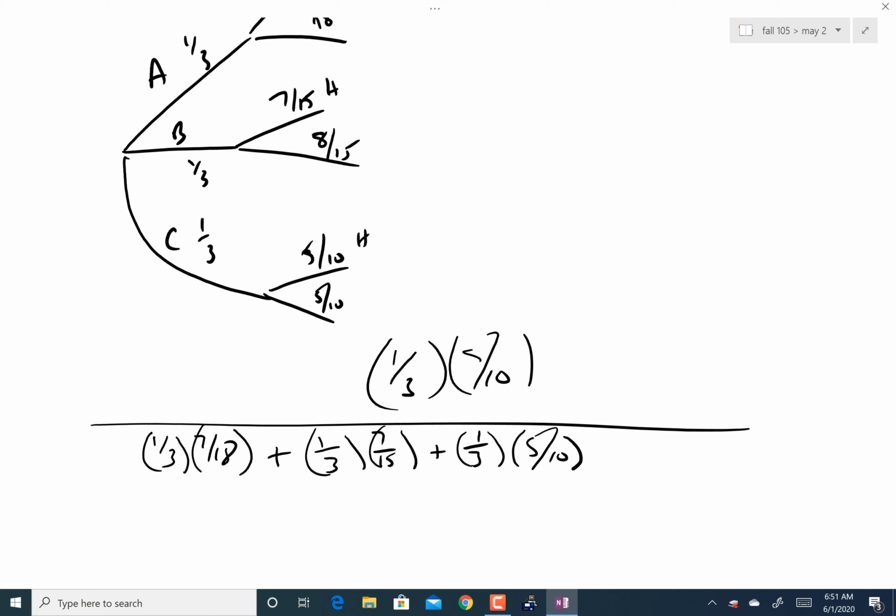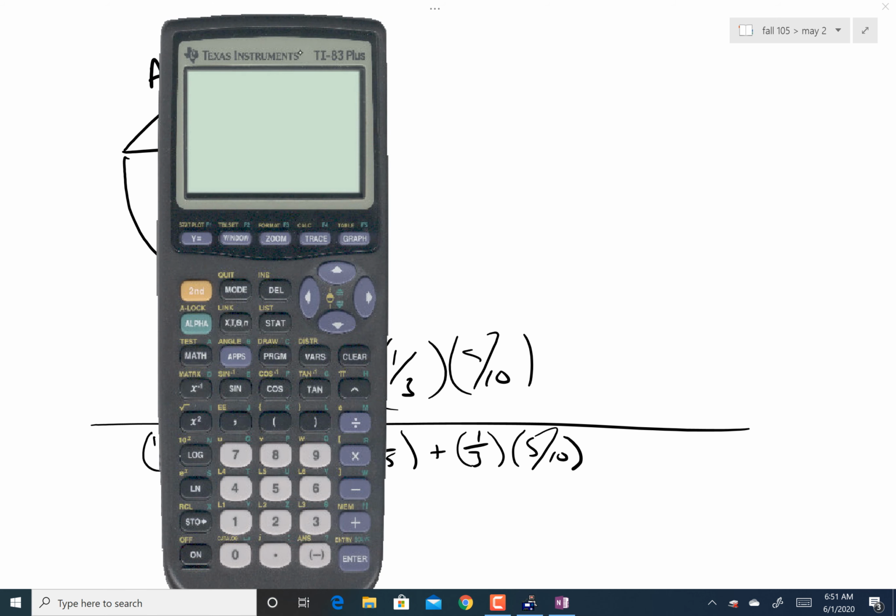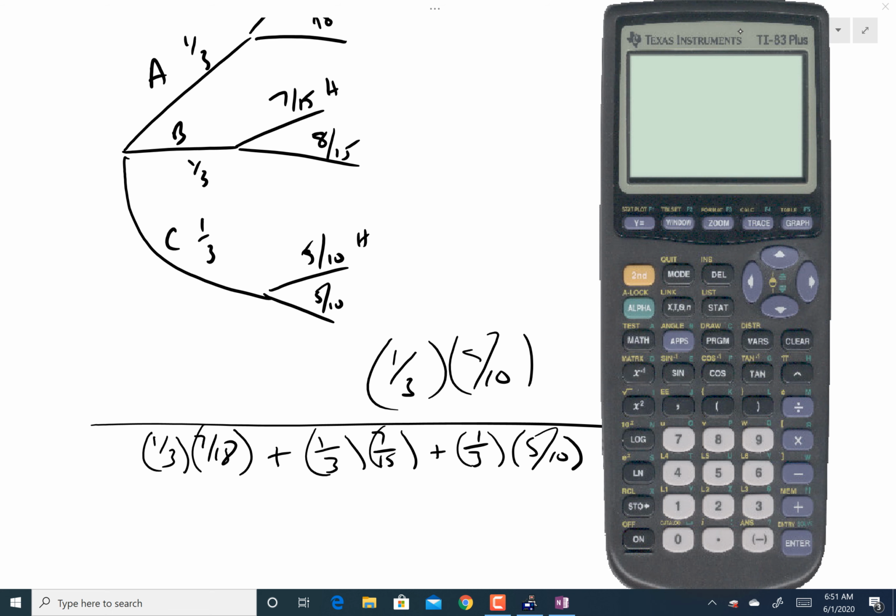So let's get a number on that. You've got a third times a half, which is a sixth, on top. So let's do the top first, 1/3 times 0.5, divided by... you don't need parentheses.